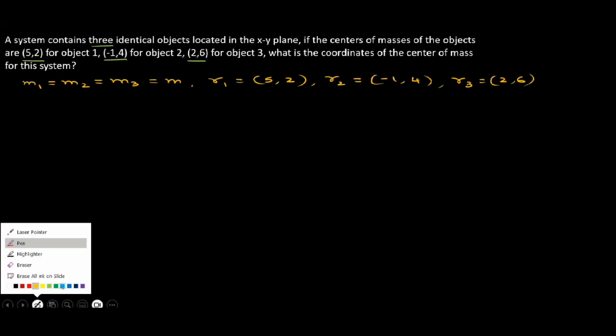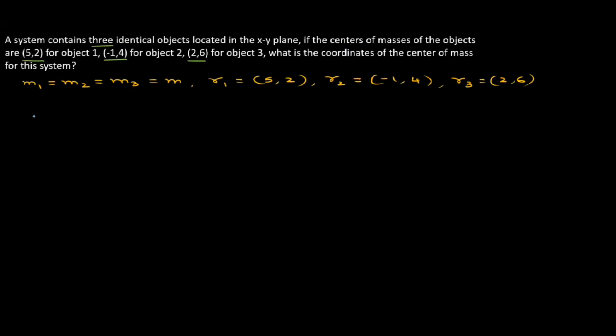Now the rule for the coordinate of center of mass is given as, if I want to find the x coordinate, xcm, it will be x1 m1 plus x2 m2 plus x3 m3 divided by sum of the masses m1 plus m2 plus m3.